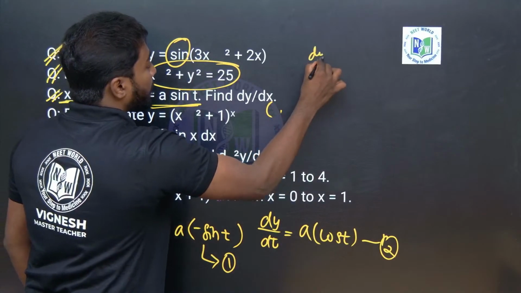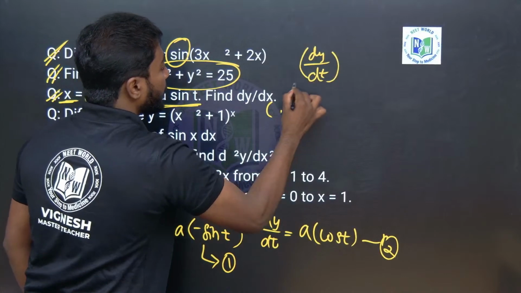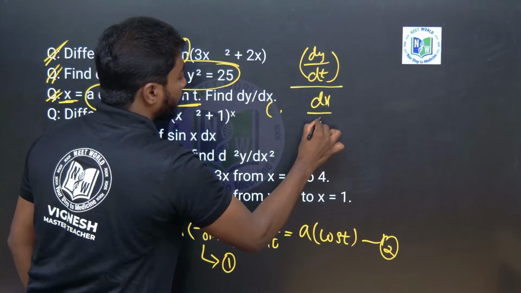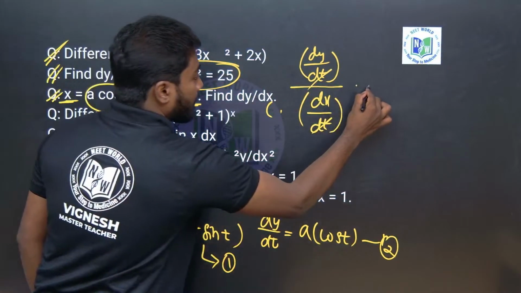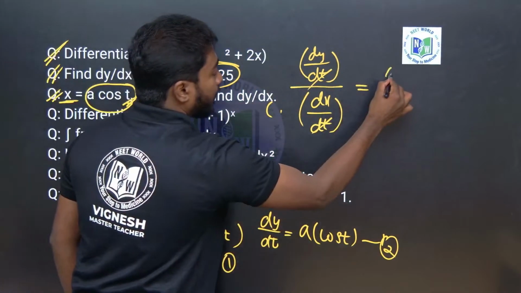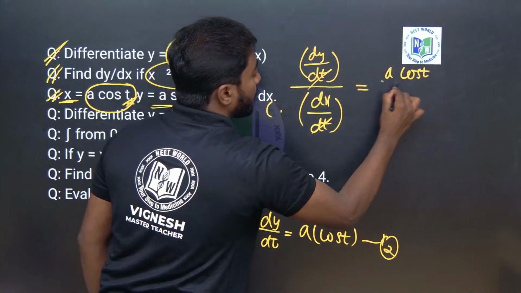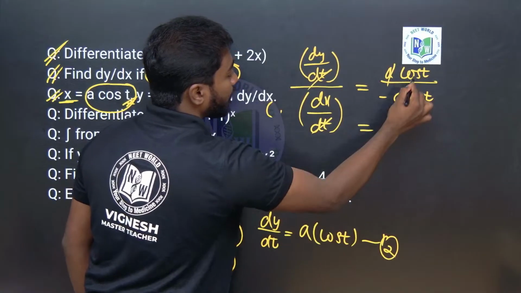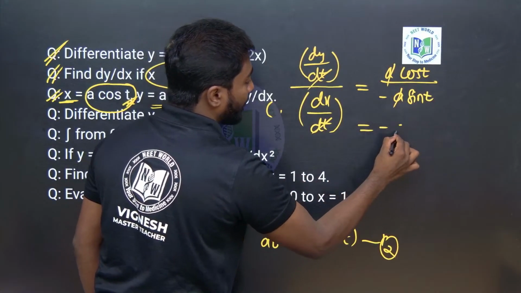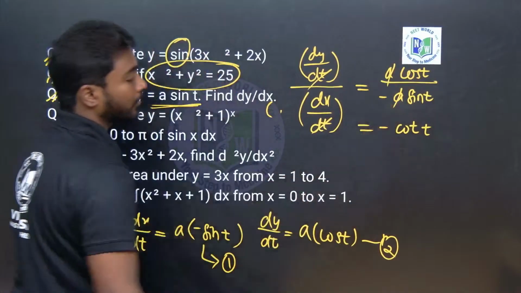So dy by dt by dx by dt, so dt will get cancelled. Now this is a cos t by minus a sin t. A and a will get cancelled. Cos by sin is cot, so minus cot t is the answer.